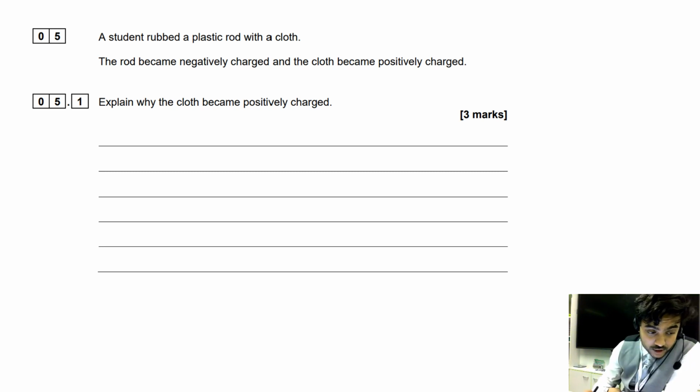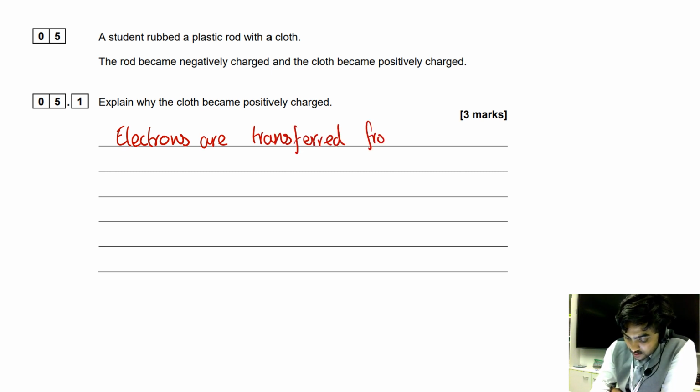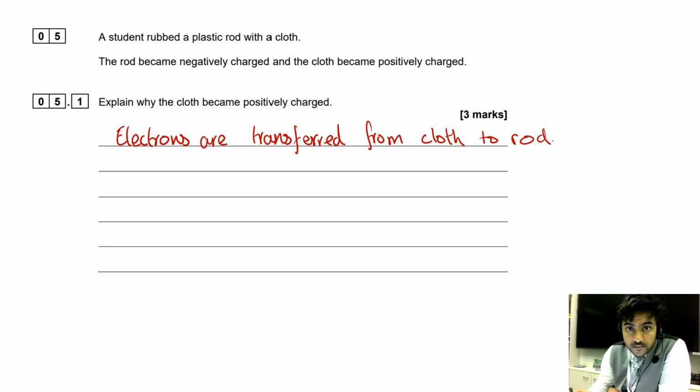So to answer your question, you're right. Electrons are transferred from cloth to rod. That gets us 1 mark.